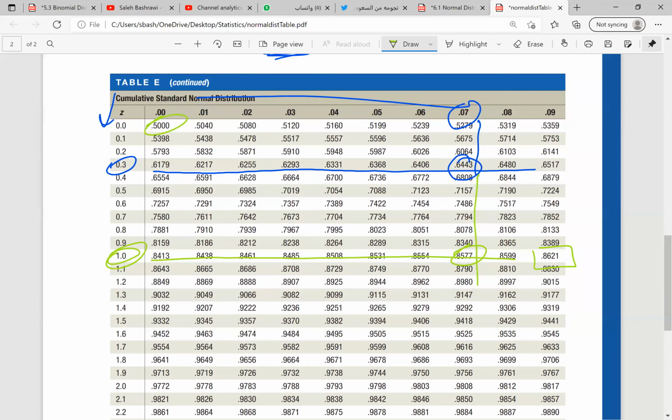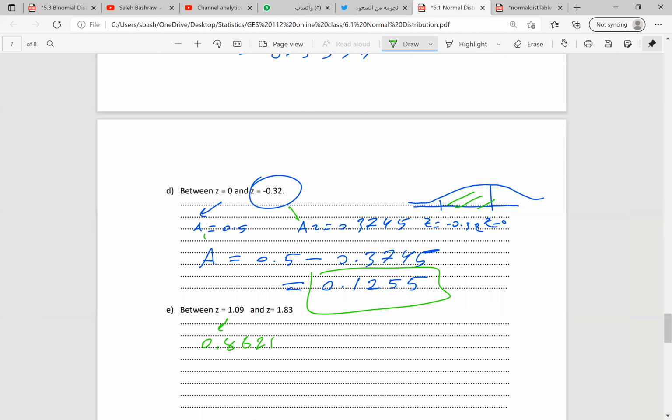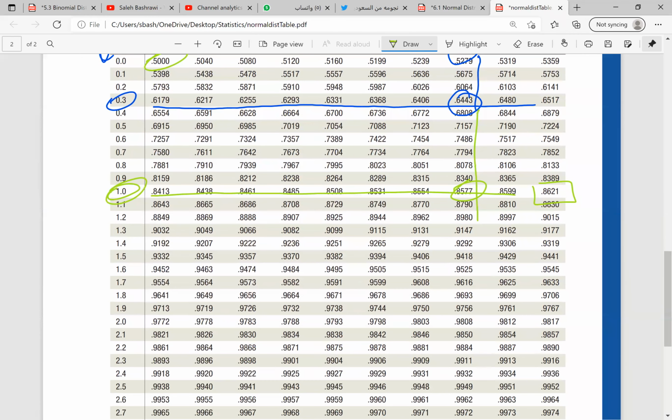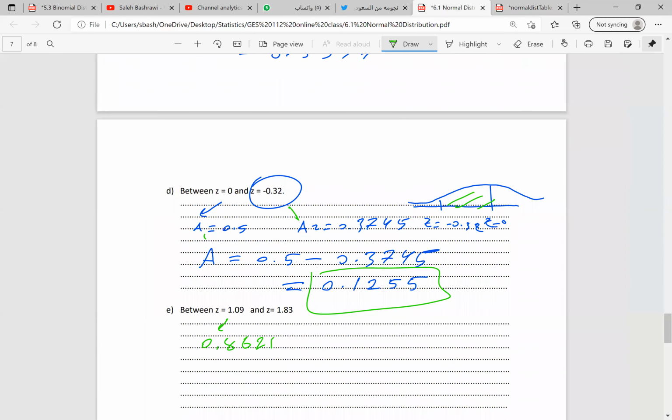And the second one, z equal to 1.83: this is 1.8, and this is 0.03, which is 0.9664. So I have two values.